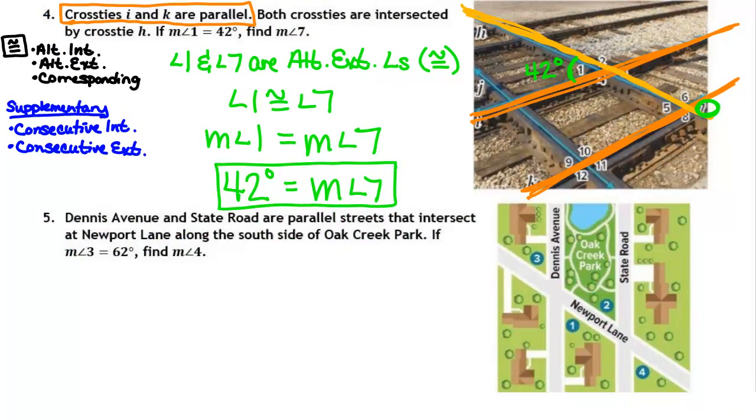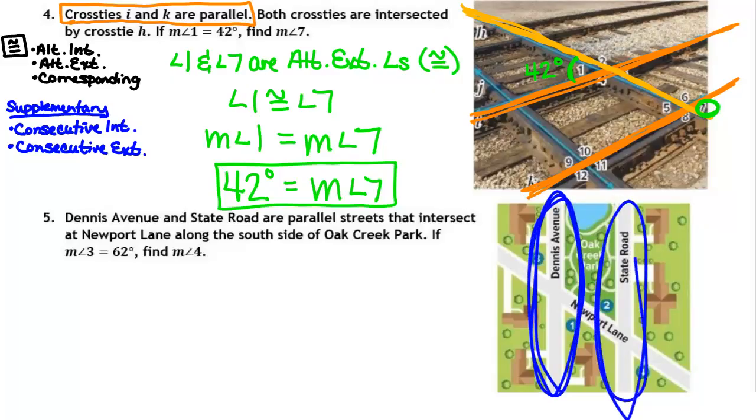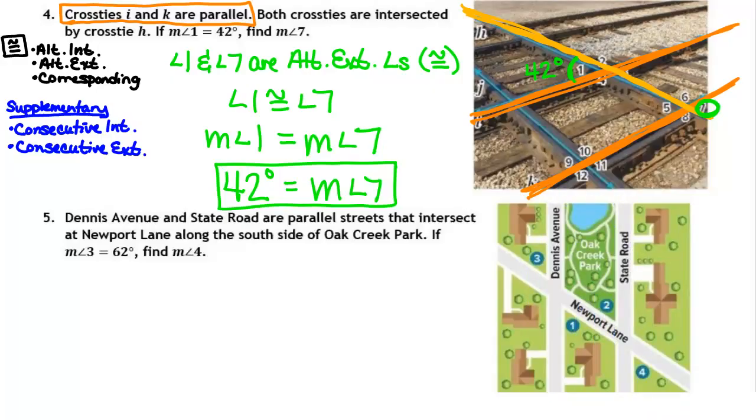Beautiful. All right, number 5, something similar. Dennis Avenue is this one right here, and State Street, this one right here, are parallel streets that intersect at Newport Lane along the south side of Oak Creek Park. Newport Lane is the road that is crossing both Dennis Avenue and State Street right here.